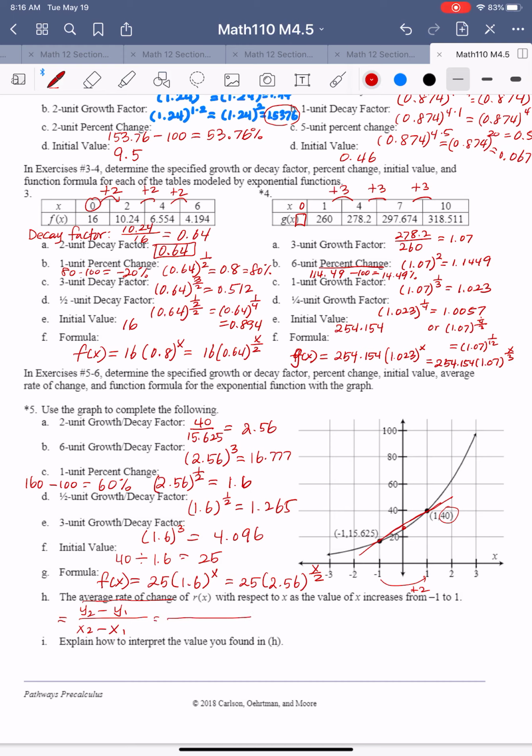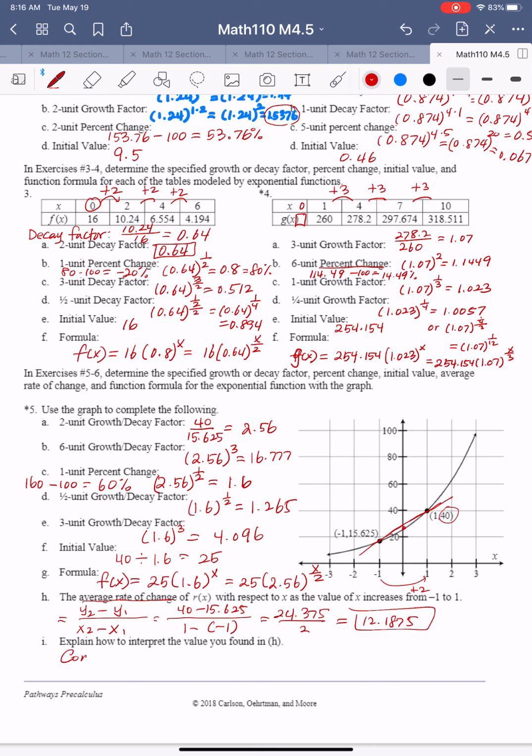So y2, I want to say 40, subtract 15.625, and then 1 minus -1. And then I get 24.375 over 2, which comes out as 12.1875.